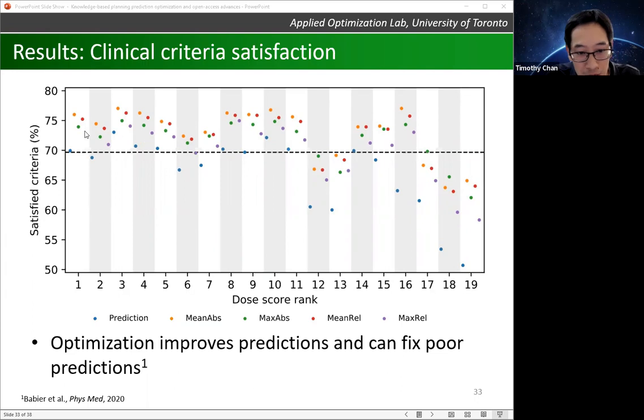But in general, there is a trend that a higher MAE, which corresponds to this higher rank, will give you lower satisfied criteria, but it's not perfectly monotonic.